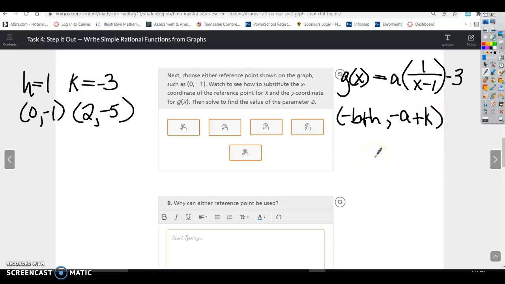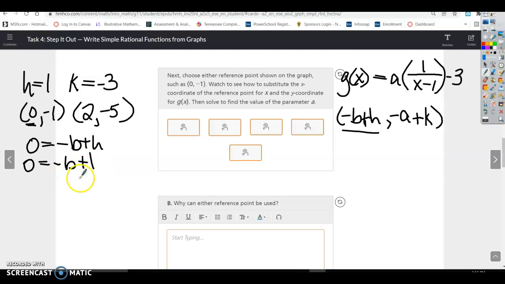We could use the second reference point if we wanted to, but we don't have to. All we need to do is find a at this point, so we can use the first point to find a. Now, 0 has to equal -b plus h. So 0 equals, we know h is 1, so -b plus 1.